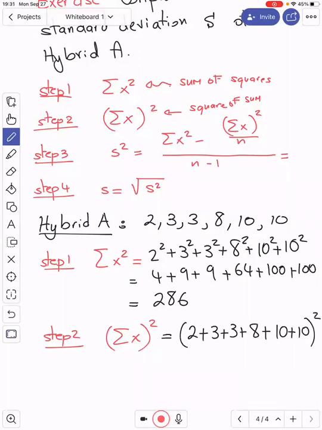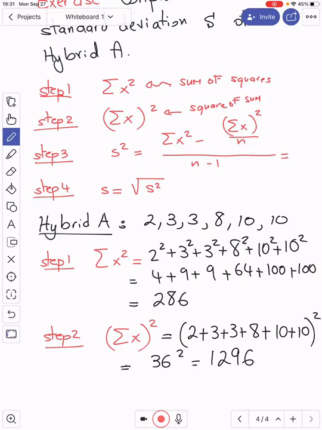Inside the parentheses, 2 plus 3 is 5, plus 3 is 8, 8 plus 8 is 16, 26, and then 36. So this is just 36 squared, and 36 squared, we said, is 1296.